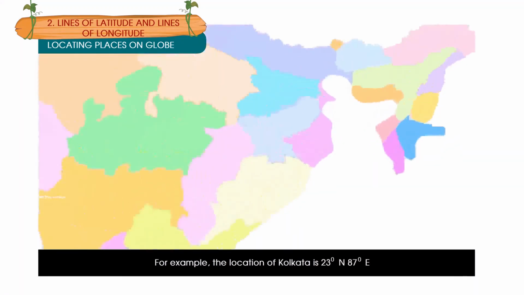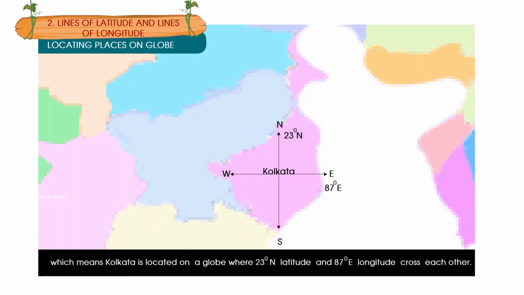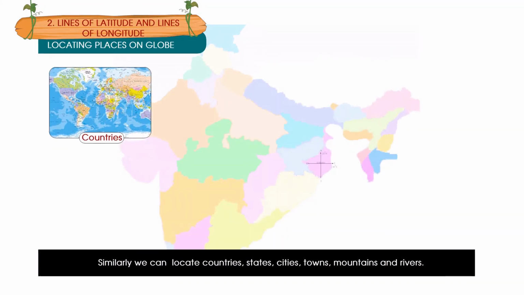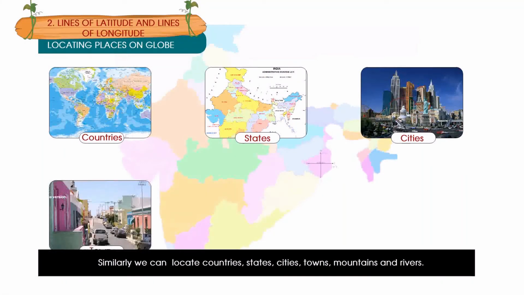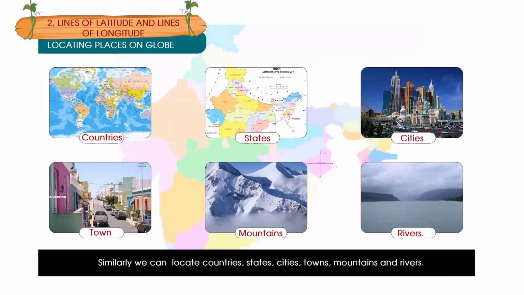For example, the location of Kolkata is 23 degree north, 87 degree east, which means Kolkata is located on a globe where 23 degree north latitude and 87 degree east longitude cross each other. Similarly, we can locate countries, states, cities, towns, mountains, and rivers.